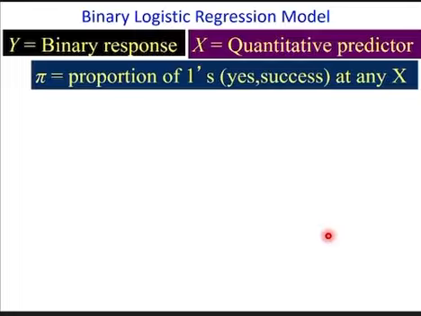So what makes it simple is I've got one predictor. And today I'm also going to talk about the multiple binary logistic regression. Look at the two: simple binary logistic regression, multiple binary logistic regression. The binary appearing in both means my response variable is categorical. The simple implies I've got one predictor, the multiple implies I've got multiple predictors.